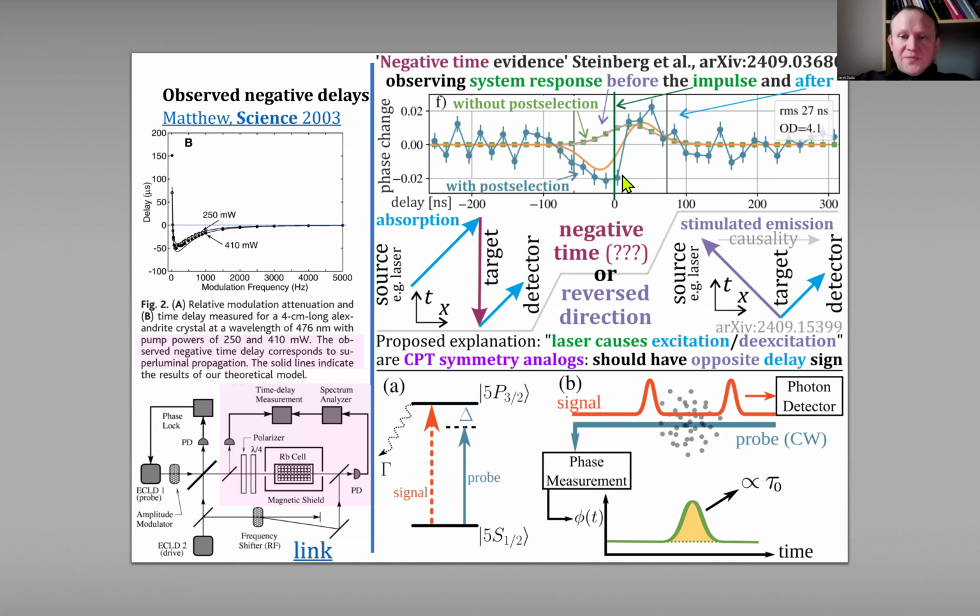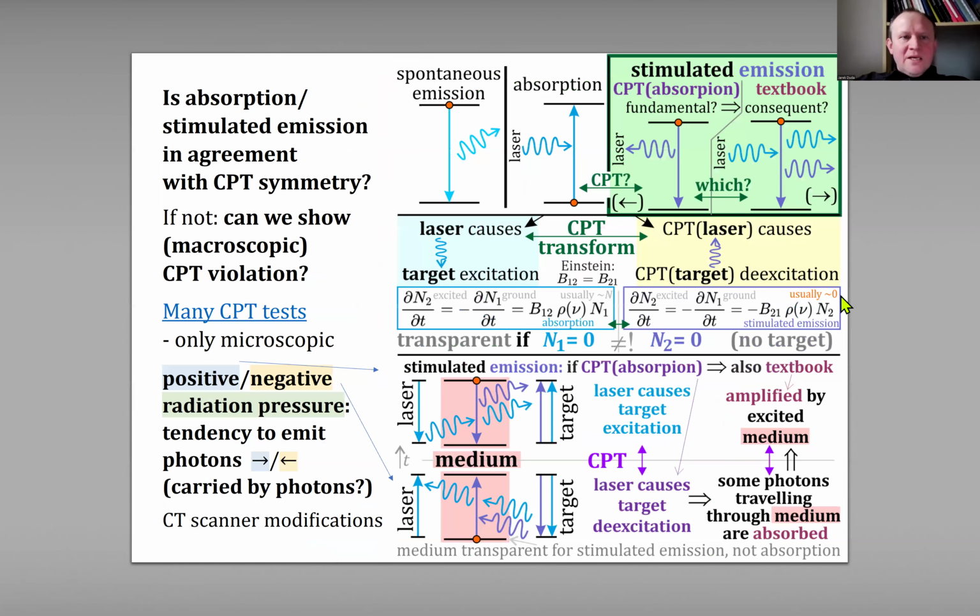So I think maybe this CPT symmetry might be the answer. But it needs more discussion.